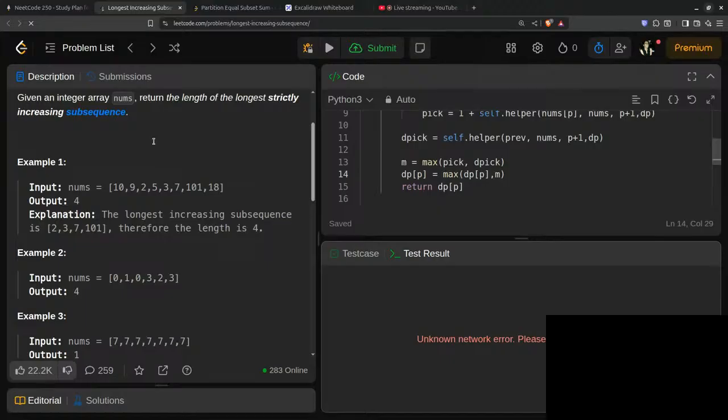Now the longest increasing subsequence at this position, which is 0, 1, 2, 3, should be, according to this formula, 3, 0, 1, 0, 1, 2, 3, 4.